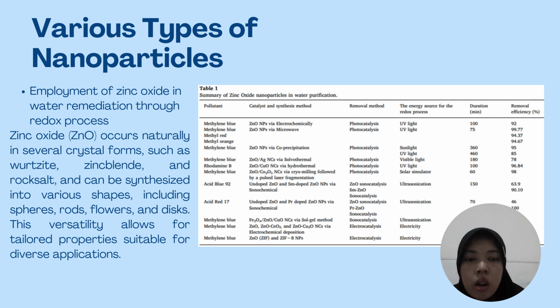Zinc oxide occurs naturally in several crystal forms, such as wurtzite, zinc blende, and rock salt, and can be synthesized into various shapes, including spheres, rods, flowers, and discs. This versatility allows for tailored properties suitable for diverse applications.